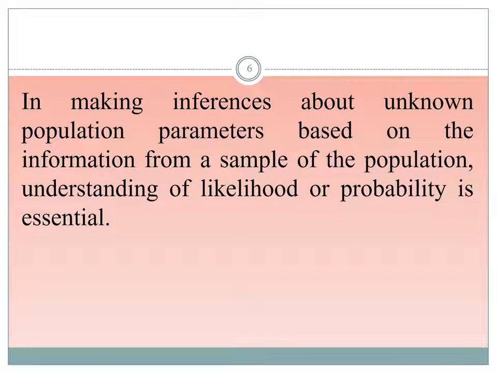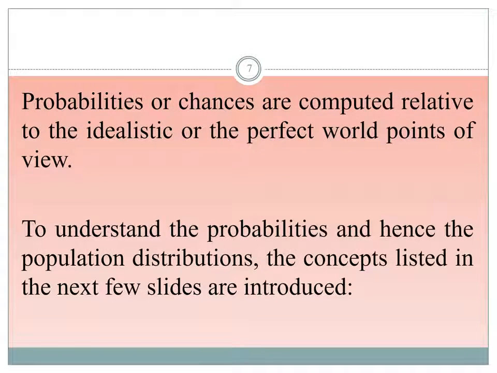In making inferences about unknown population parameters based on the information from a sample of the population, understanding of likelihood or probability is essential. Later we will briefly discuss how to calculate the probabilities. Probabilities or chance are computed relative to an idealistic or perfect world point of view.